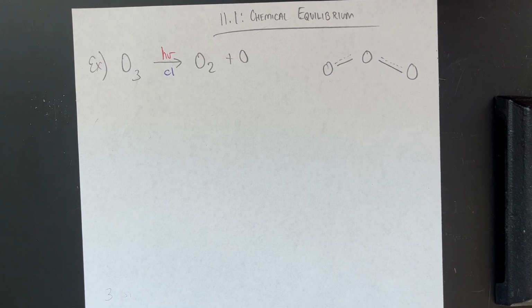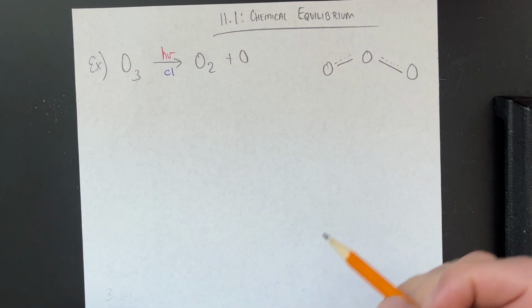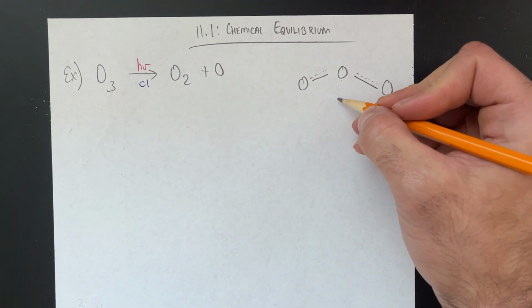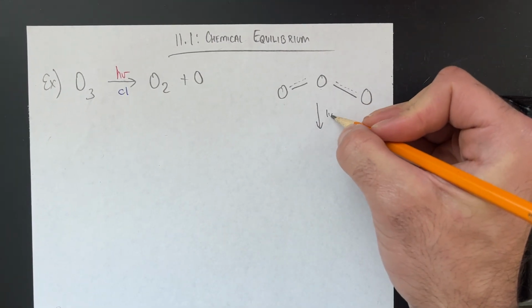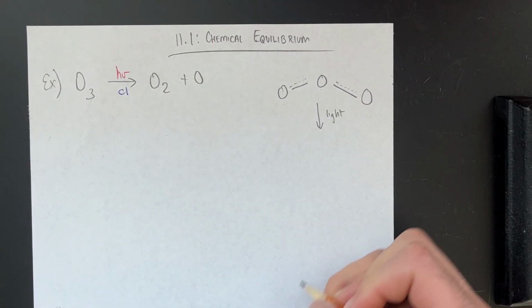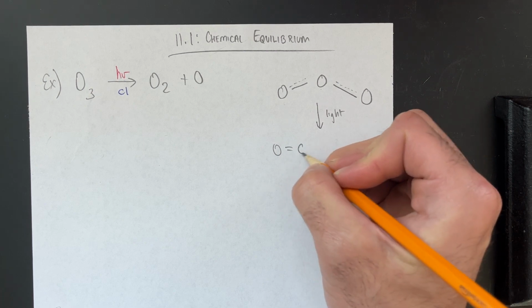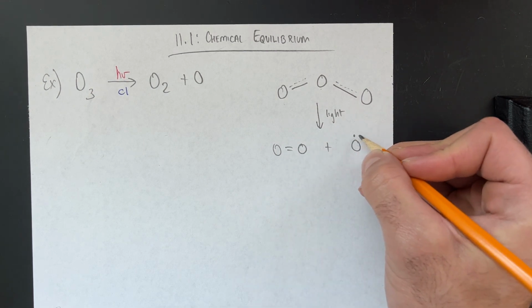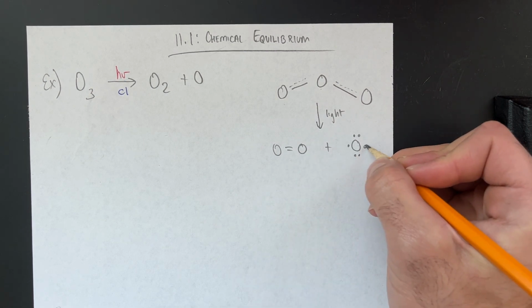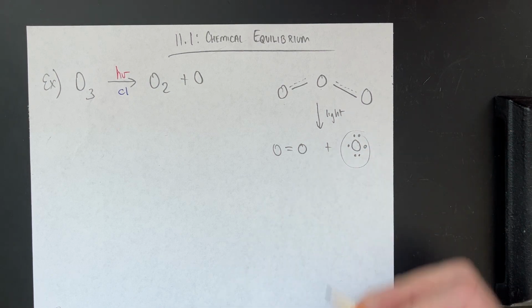So we learned this reaction, we learned how it happens. We said that if you have ozone and light hits it, then it's going to break up into something that looks like this. Now, of course, we know that oxygen can't be by itself, right?